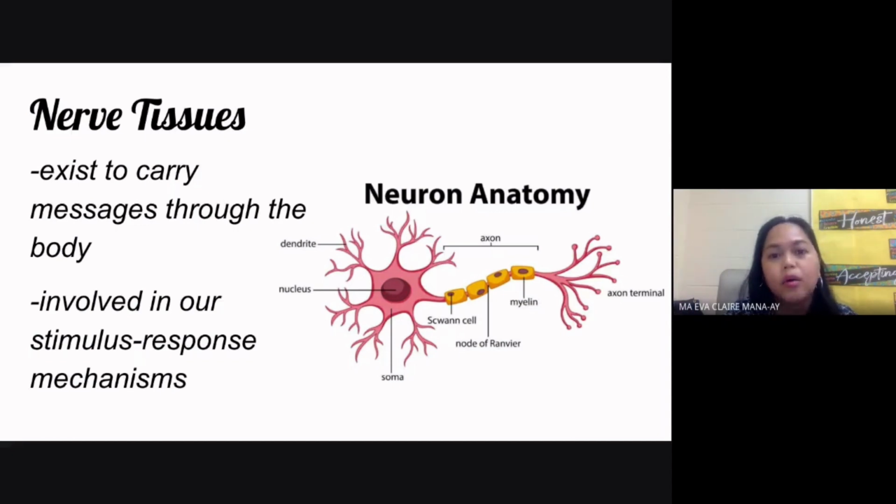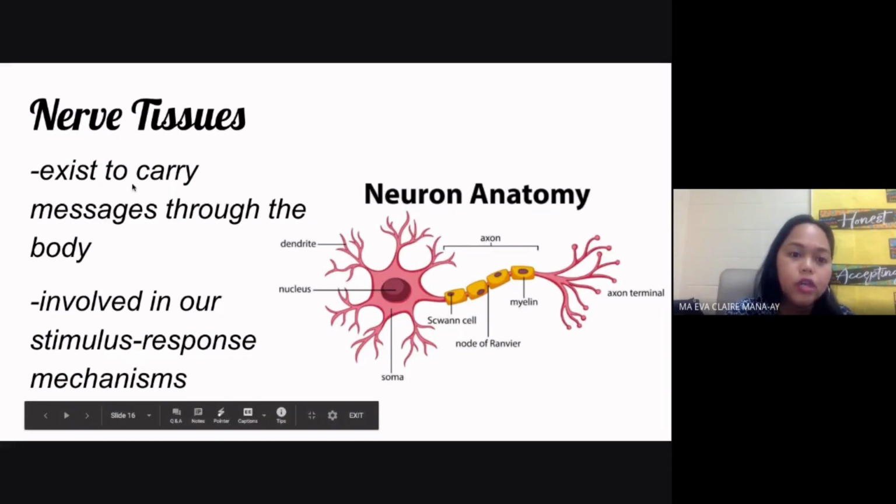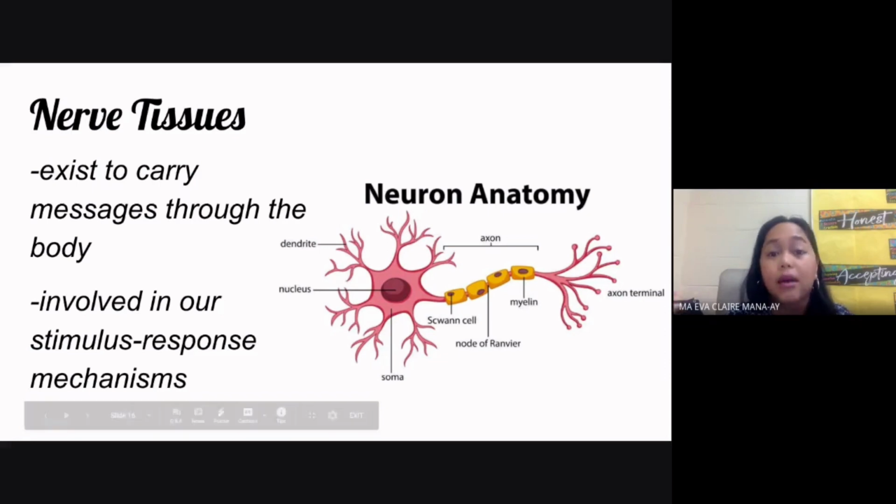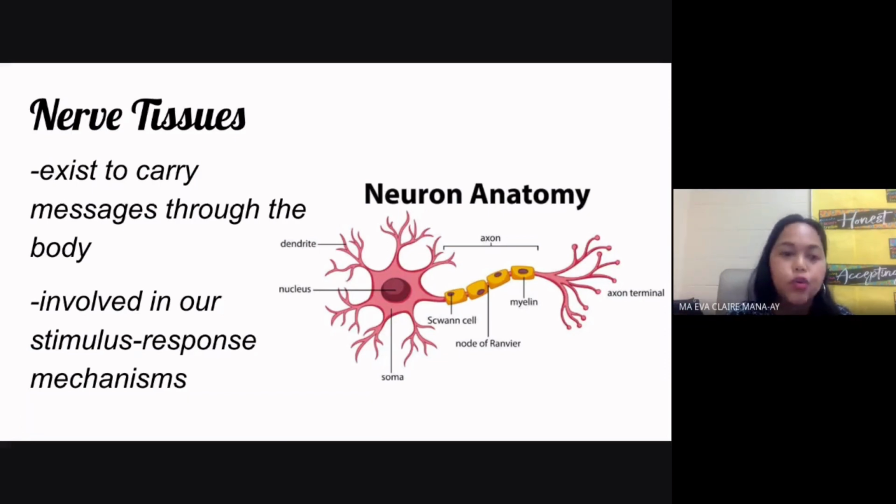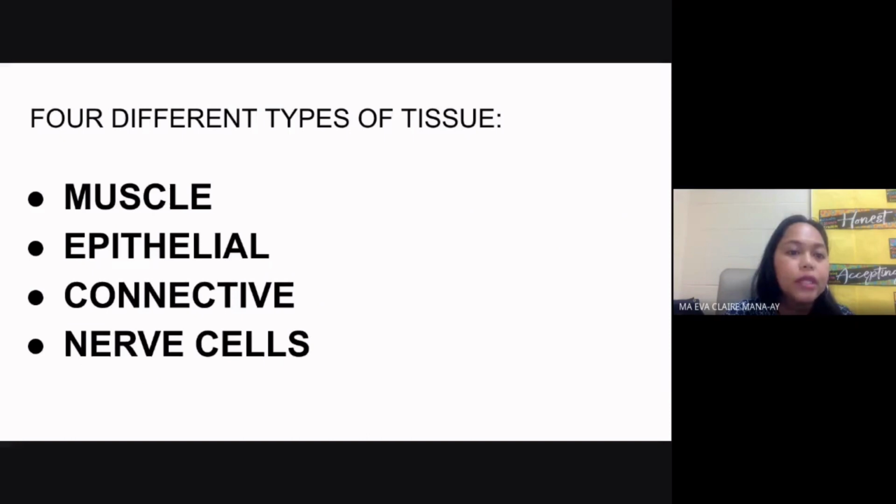And so your muscles are going to be sent some messages from your nerve tissue, and so you tend to let go of that hot object. Okay, so that's your nerve tissue, exists to carry messages through the body, involved in your stimulus response. Whenever there is a stimulus, you'd always have your response, and that's because of your nerve tissue. So again, those are the 4 different types of tissues that you have.